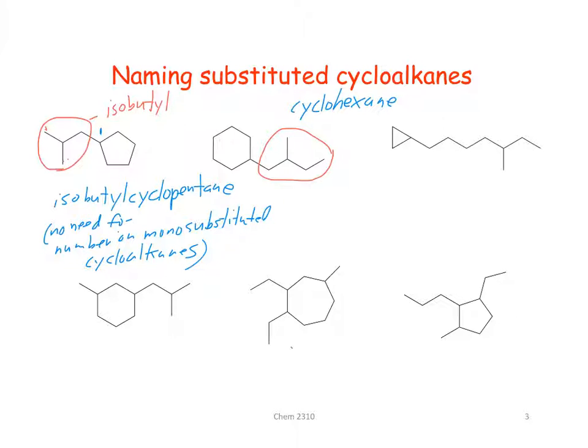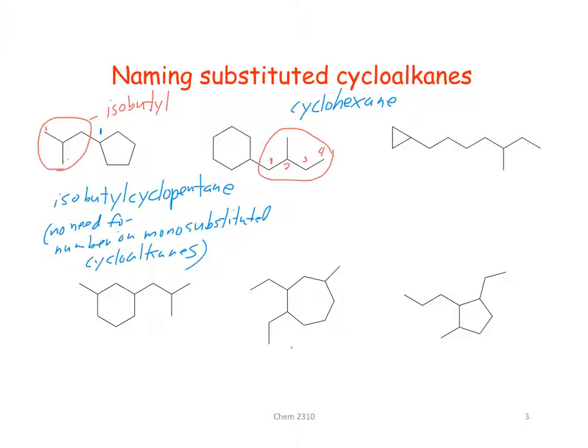So for this substituent, because it has more than 4 carbons, we're going to name it in a systematic fashion. So remember, when we do this, we count number 1 for the attachment point. So this is a carbon that's attached to the parent. So then we number it out to the end. So 2, 3, 4.